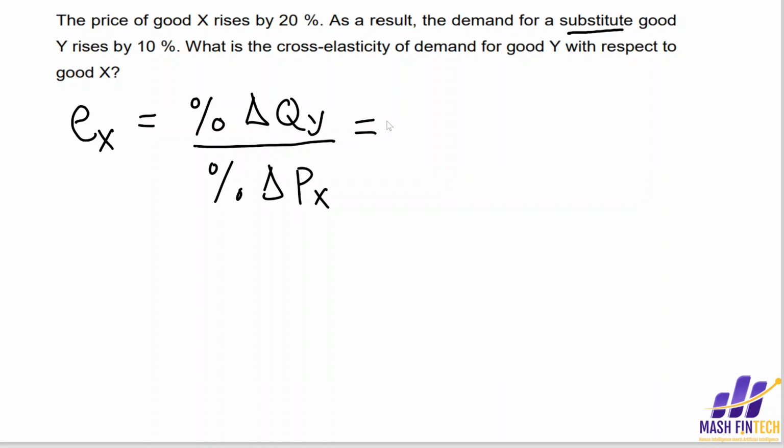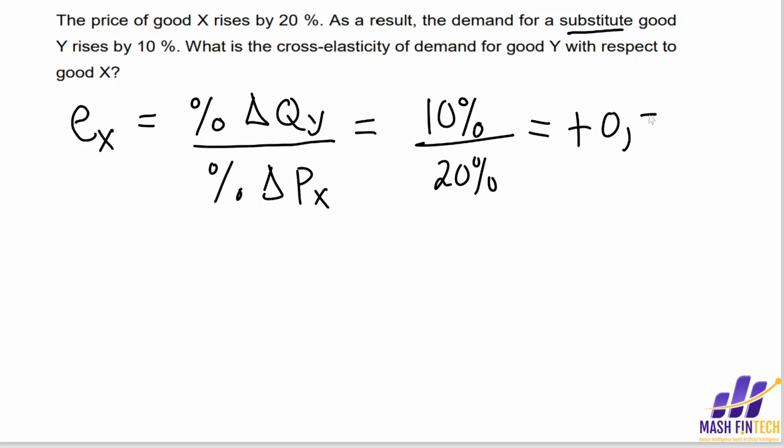This is equal to, we are told that the demand for the substitute rises by 10%. So the percentage change in good Y is 10%. If there's a rise in the price of good X by 20%, if you divide these two, 10% over 20%, you must get an answer of half or 0.5.